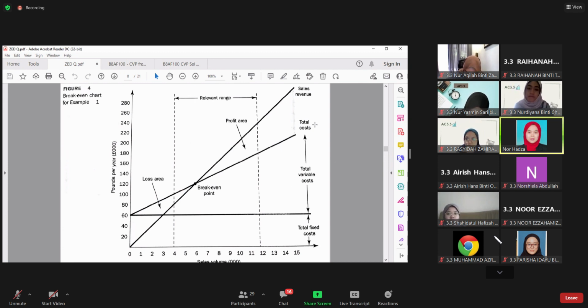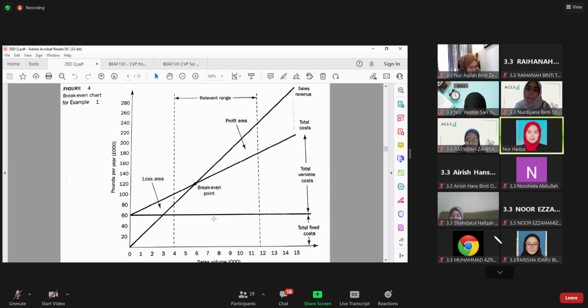Understand? Okay, so if you have other data, you have to prepare another chart and calculate another break-even point, because the price and cost might be different when outside this range.